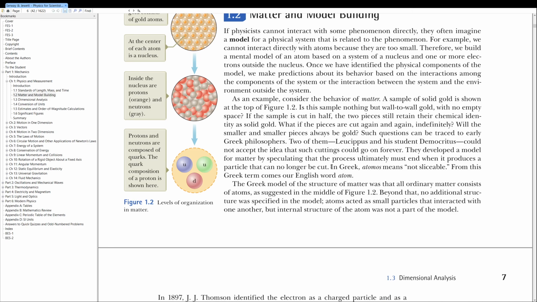The whole idea of the word atom comes from the Greek word atomos, which means you can't cut it. No cutting, right? And so atoms are the fundamental unit of matter. Now, it's important to realize that this concept has been around for all of recorded history, right?